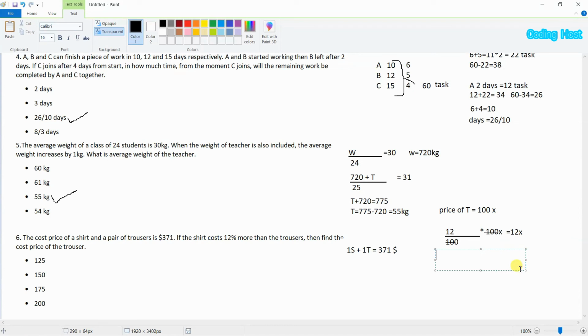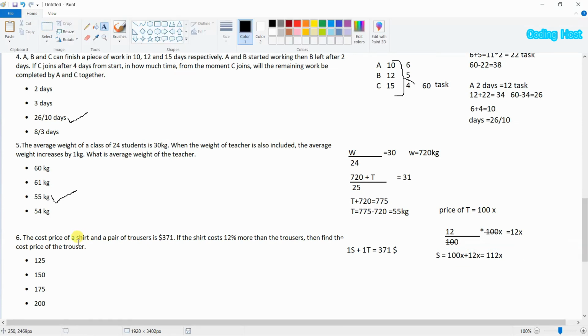So now you can say that the price of shirt is equal to the price of trouser plus 12% of the price of trouser, which is 12x. So in total it becomes 112x. So the price of one shirt is 112x and the price of one trouser is 100x.